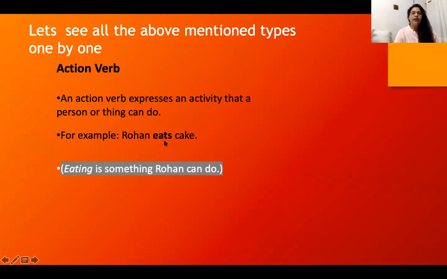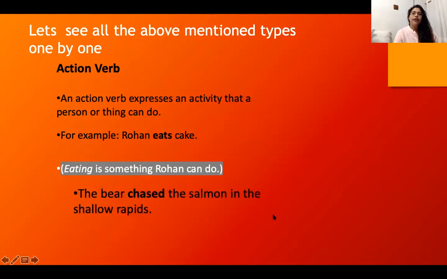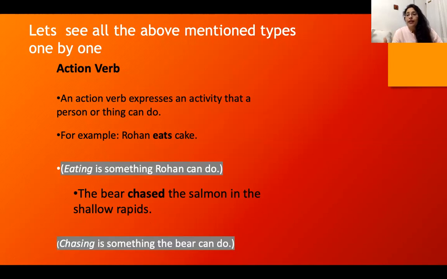So eats here is the physical activity which is being performed and we are able to see it. We can observe it. The bear chased the salmon in the shallow rapids. Here the word chased is showing the action that the bear is doing.